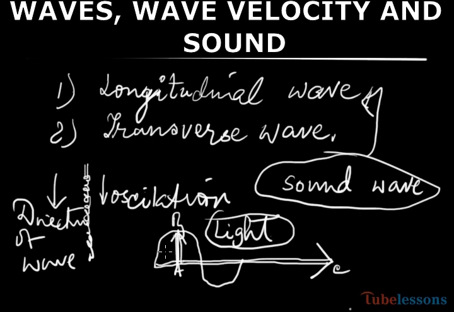And also there are two types of waves: one is elastic waves and the other is electromagnetic waves. Sound waves are one kind of elastic waves. Elastic waves cannot propagate without the help of a medium, and sound wave cannot propagate without a medium.